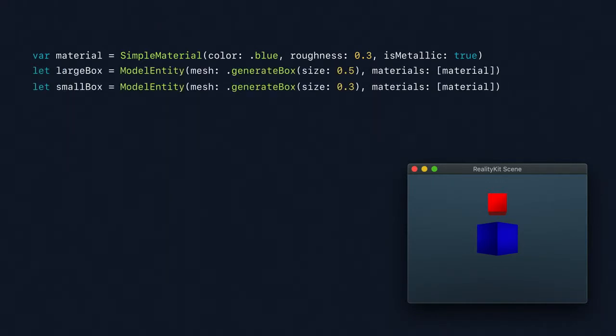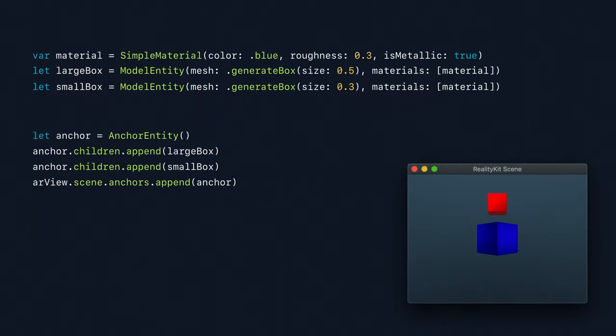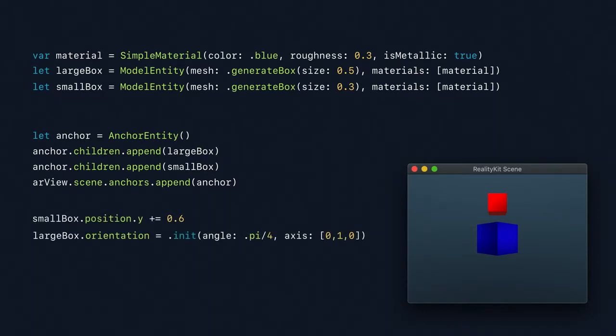And then we need to anchor them within the scene. And then, once we've done this, we can manipulate the scene directly using code. So we can move the smaller box up along the y-axis or rotate the larger box by 45 degrees. And as we're performing these operations on these reference types, we're directly manipulating the scene. And this feels fairly intuitive.